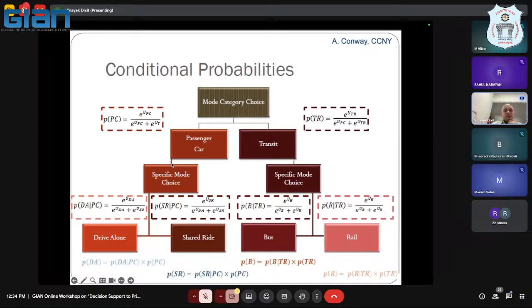Then given a passenger car, am I going to choose driving alone or am I going to choose a ride share? The probability of that will be this multiplied by this. The probability of this will be this multiplied by this, and so on and so forth. And the sum of all these probabilities with the products will be equal to 1 again.